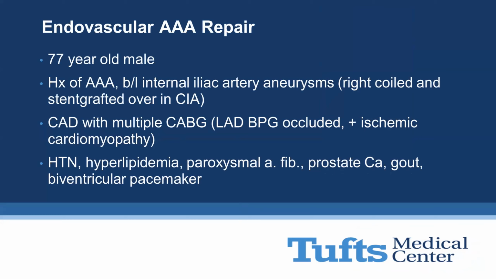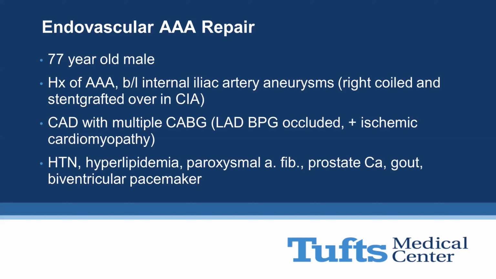A 57-year-old male with a history of AAA. He had bilateral internal iliac aneurysms. His right one had been coiled and stent grafted over, so there was a stent graft in his right common iliac. It was a Gore EVAR iliac limb.